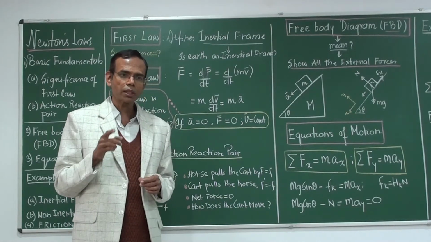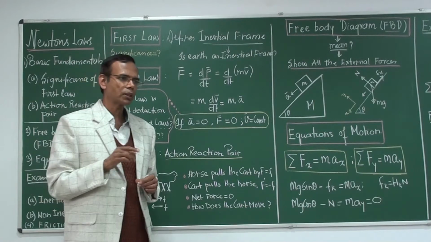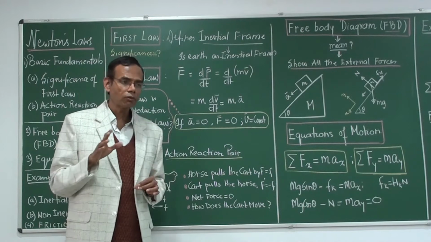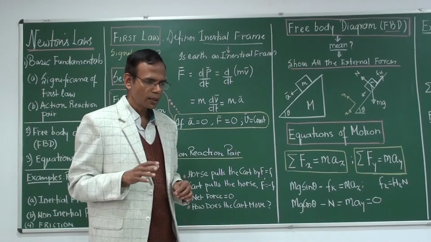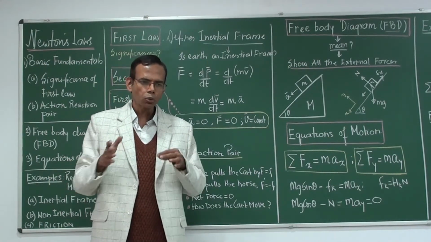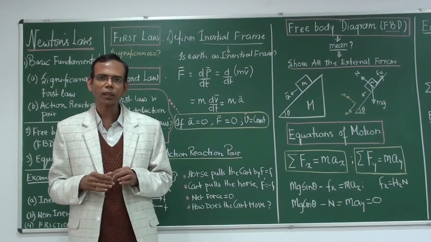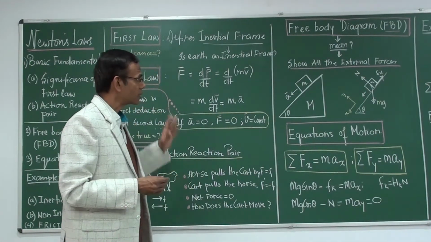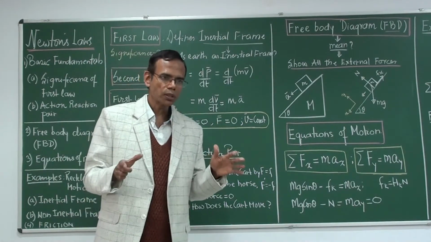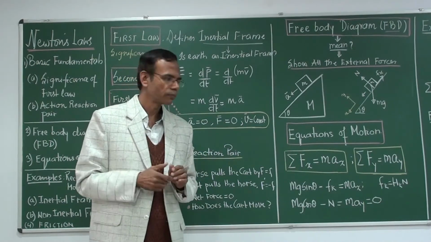Now, in the non-inertial chapter, we will learn about Earth as a non-inertial frame, and we will see there are certain effects on the Earth which describe the movement of the winds and things like that. So Coriolis force and centrifugal force, all those things we will learn at that time. But for now, we consider Earth as an inertial frame of reference. But strictly speaking, it is not.